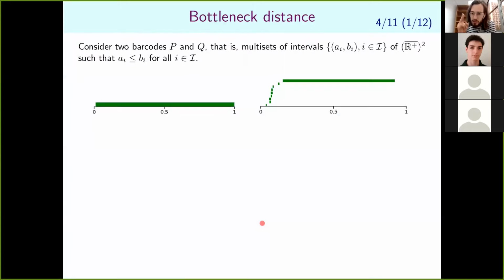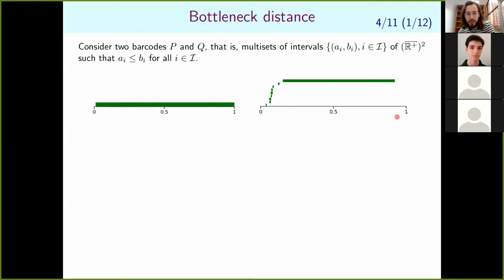There are 2 distances one defines on barcodes. The first one is called the bottleneck distance. I will take the same example all along this lesson: 2 barcodes. The first barcode we will consider is this one. We have only 1 bar from 0 to 1.